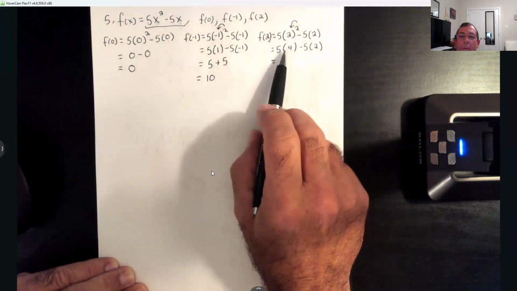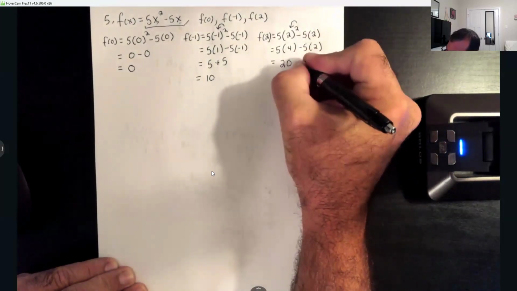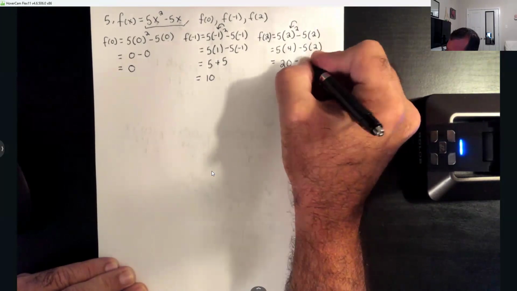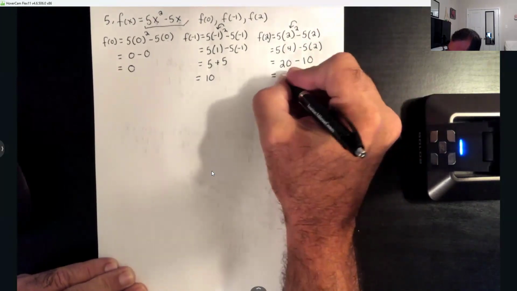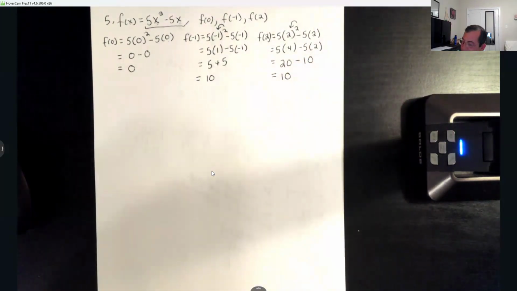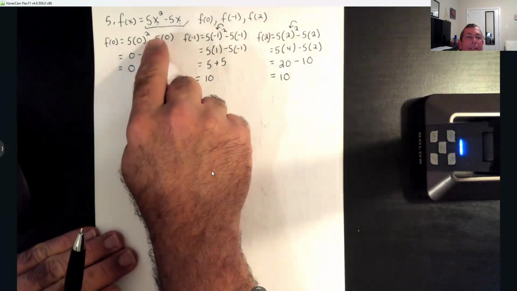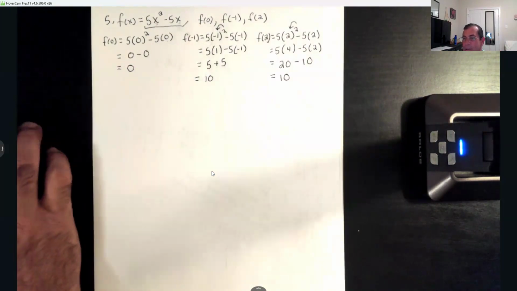Now I do my multiplying. 5 times 4 gives me 20. Minus 5 times 2, which is 10. 20 minus 10 gives me 10. But remember, any of these can be punched into your calculator, hit enter, and get your answer.